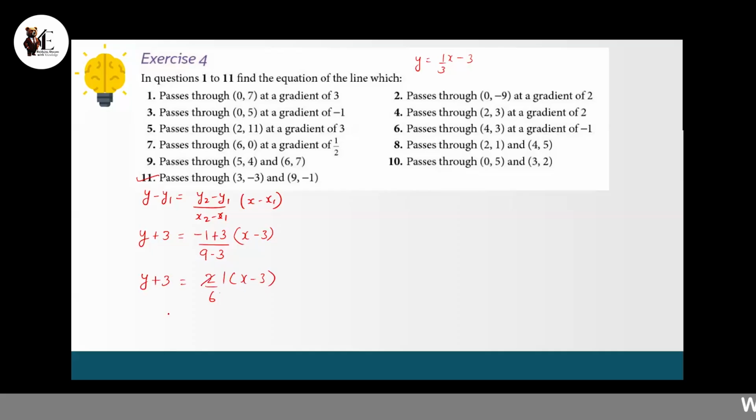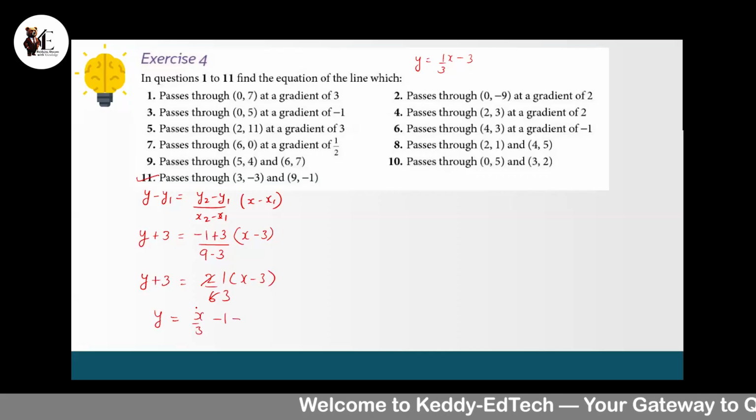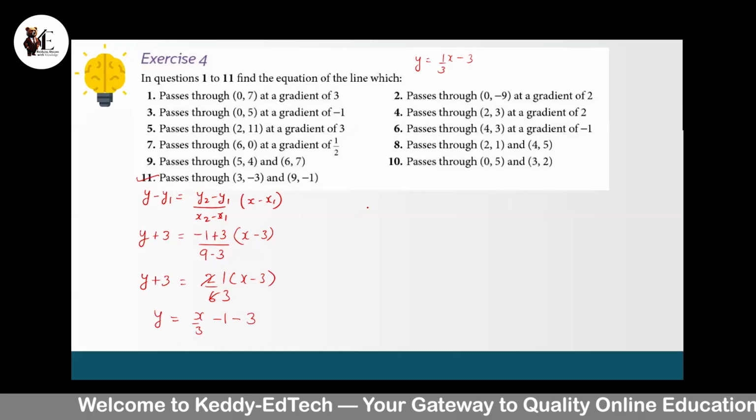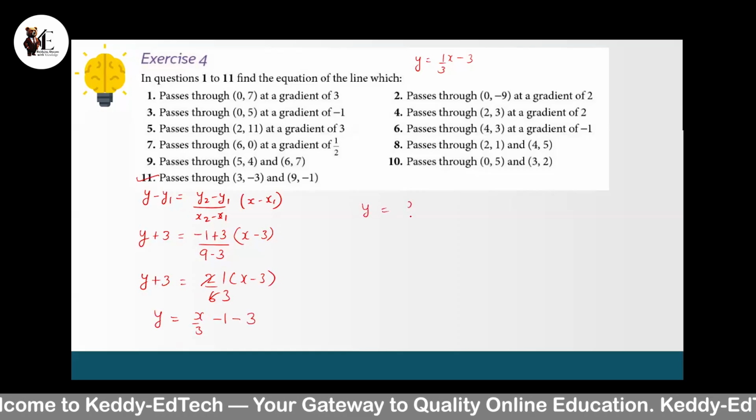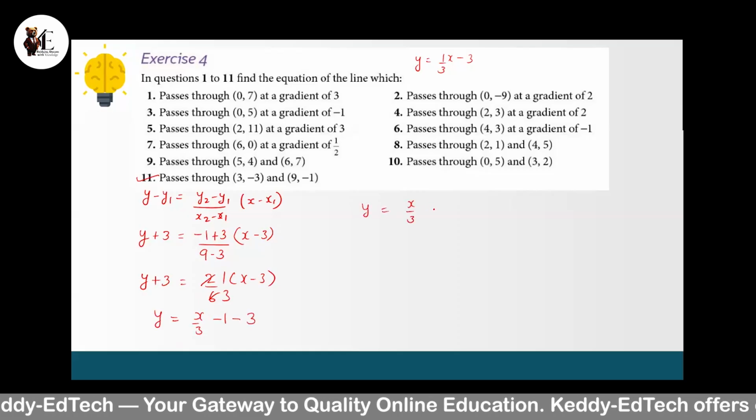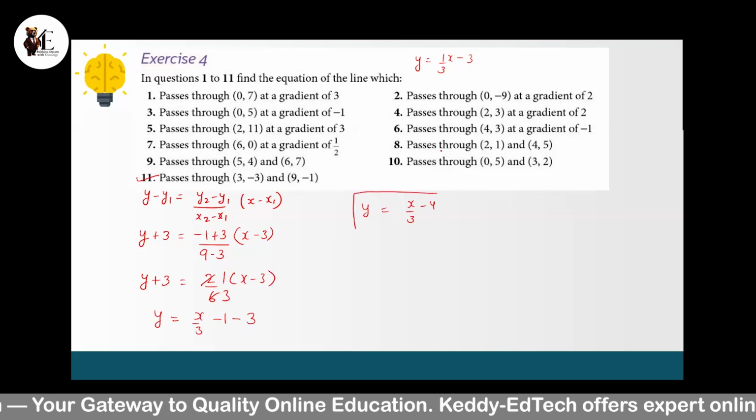So that will be 1 over 3. So y is equals to x over 3 minus 1 minus 3. So it will be x over 3 and minus 4.